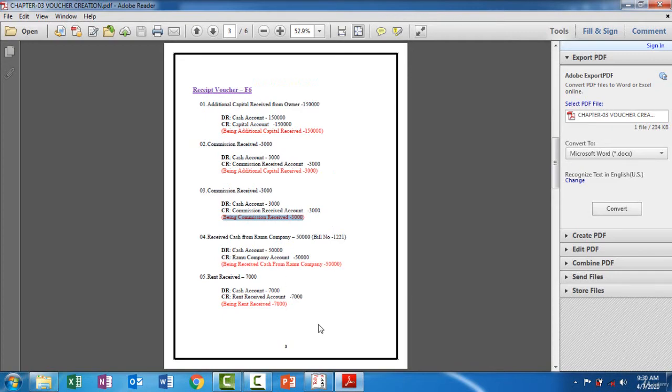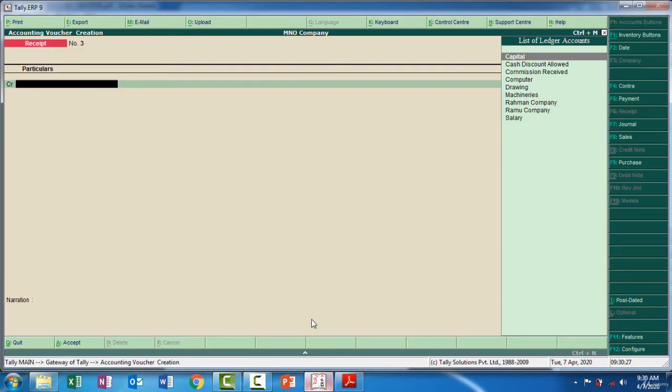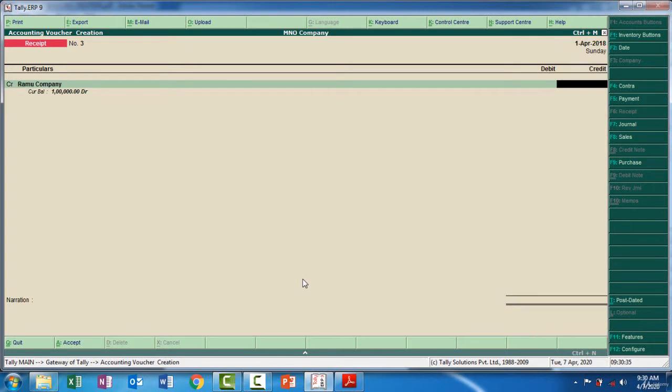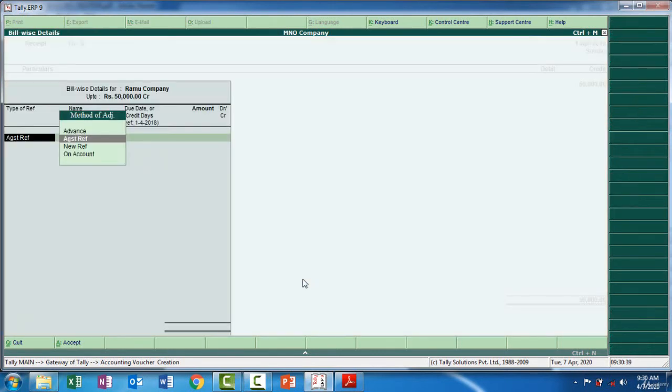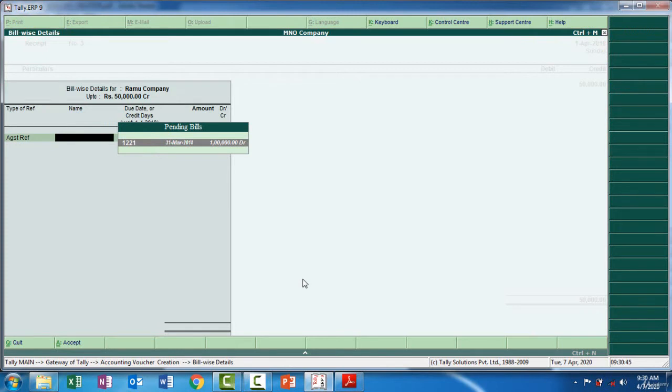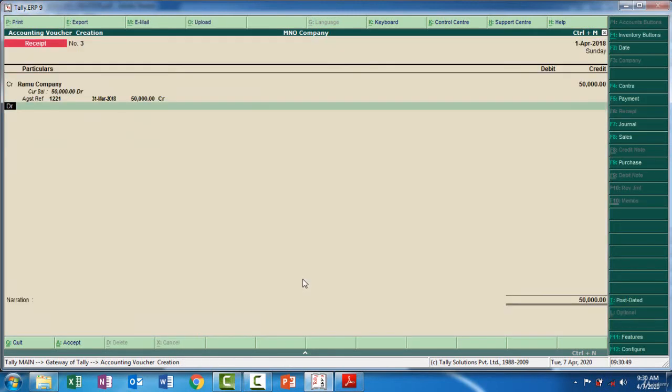So how can we record this into Tally? The credit is Ramu account, so we need to type Ramu. So Ramu account, then how much is it? 50,000. Ramu account against reference, yes, 1221, then 50,000 we received.